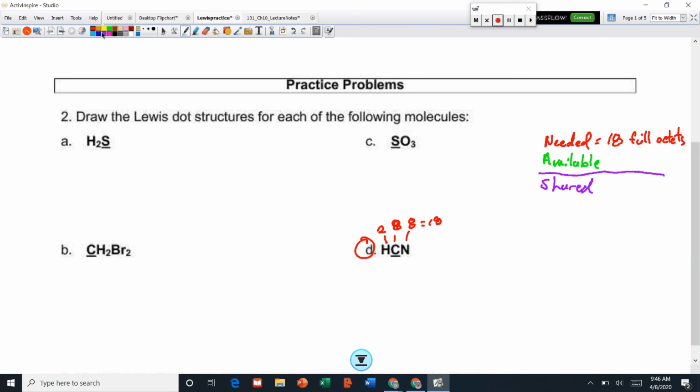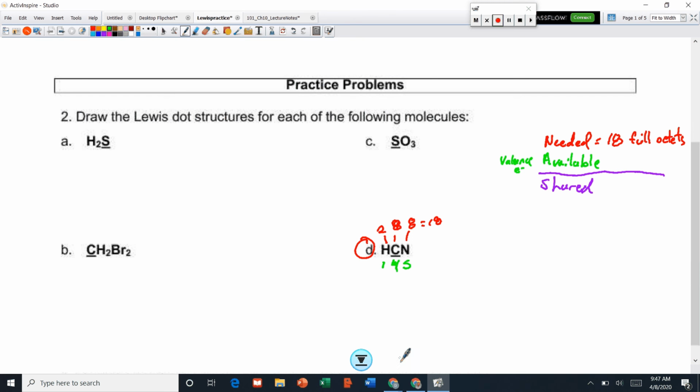Available, we're looking solely at the valence electrons. So hydrogen has 1 valence, carbon has 4, and nitrogen has 5.